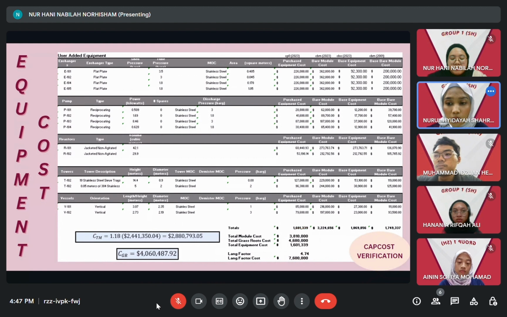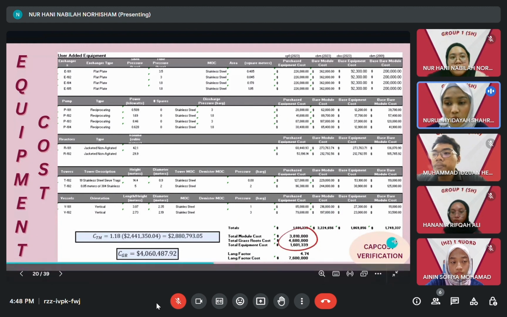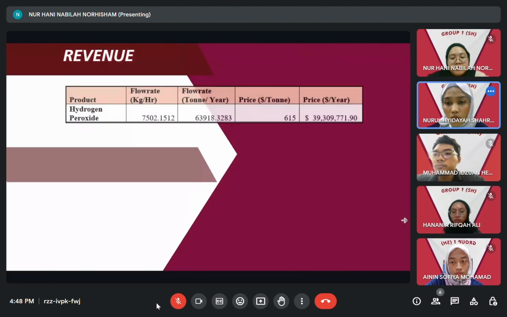The one that we calculated for the total module cost is about 2,880,000, and for the CGR is 4 million. So this shows that there is no significant difference with our calculation. Therefore, this value is acceptable.